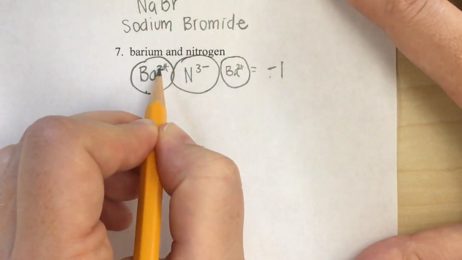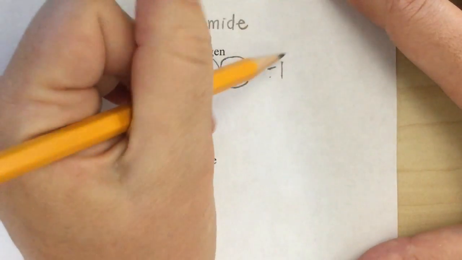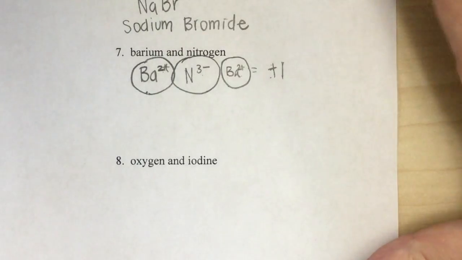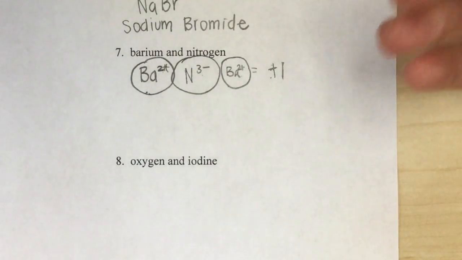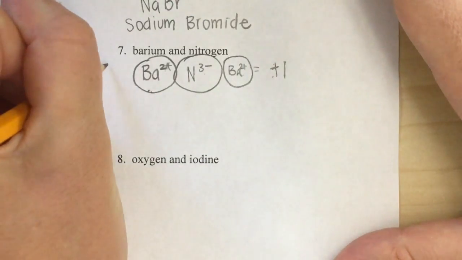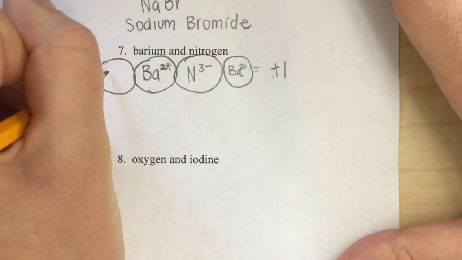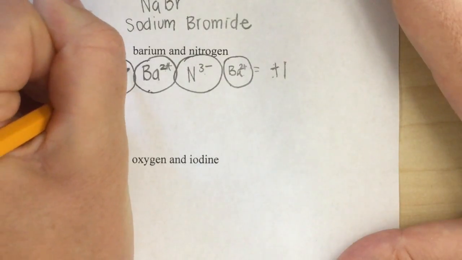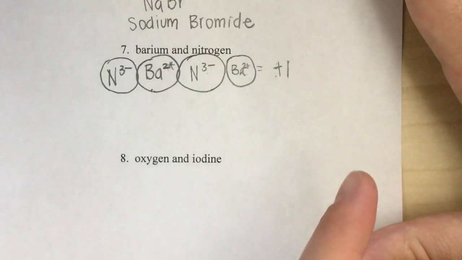So if we do the math, 2 plus -3 plus 2 gets us a +1 charge. So we're still not at 0 here. So the next thing we need to do is add another nitrogen in. So add that on the other side because the positives are attracted to the negatives. So now we have 2 nitrogens and 2 bariums.